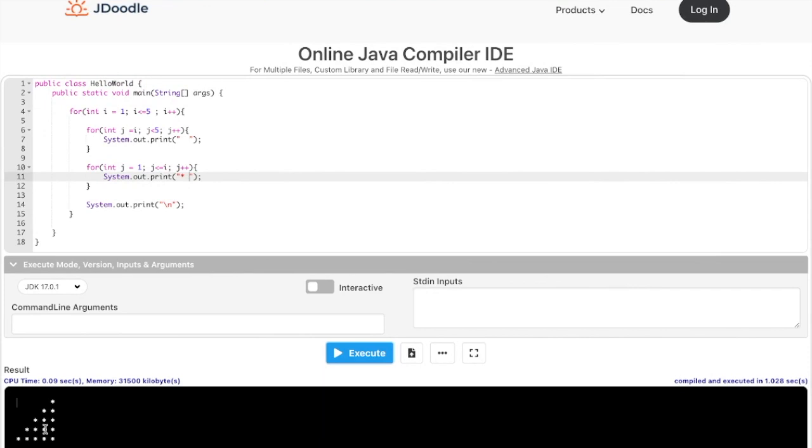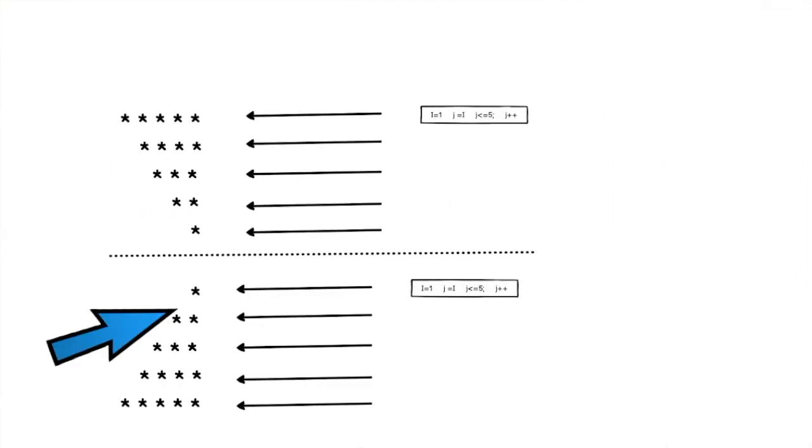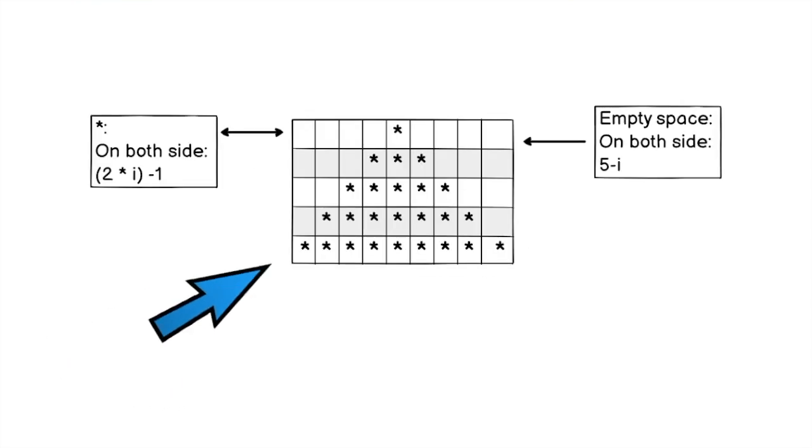Very easy. Now we'll do one combination, so let's do this half diamond thing, or equilateral triangle. This is a combination of the ones that we just saw.